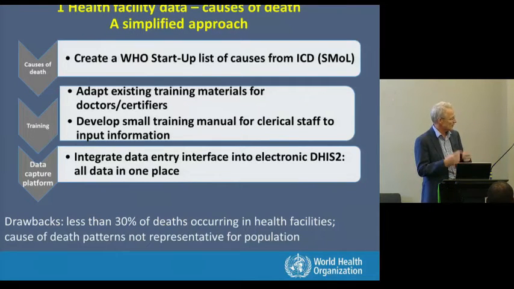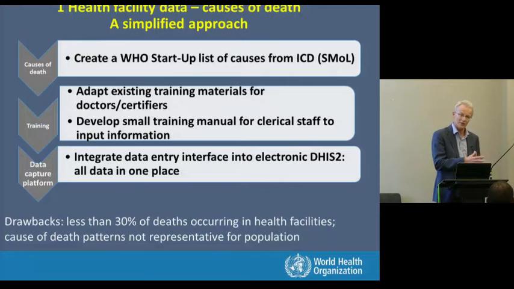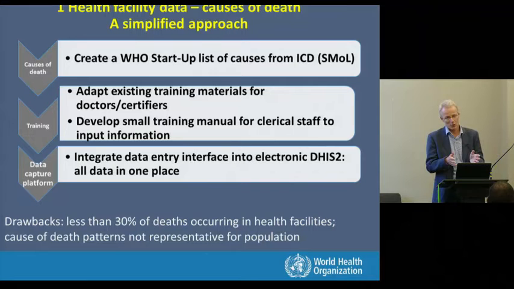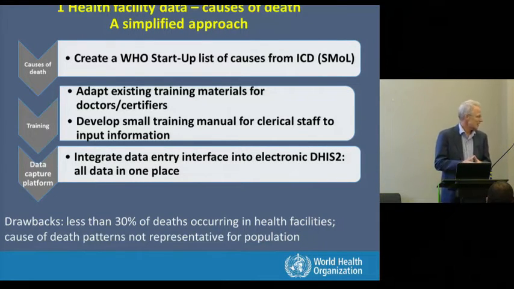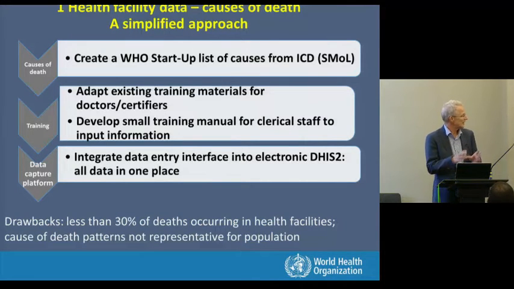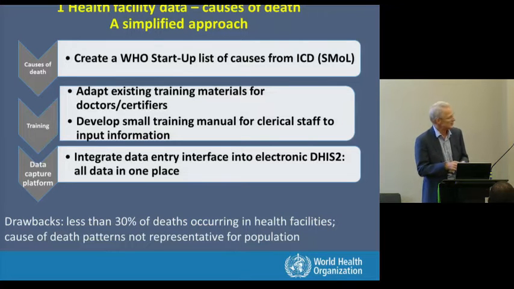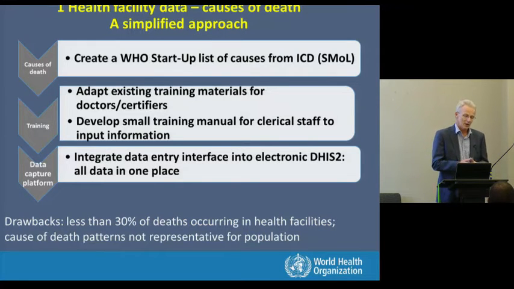Adapting of the training materials for certification is an essential component of this, because if this medical certificate is very poor, the coder can't do much in terms of improvement. And then perhaps, and what is perhaps the most exciting aspect of it, is integrating this startup list of causes of death into DHIS, which is the District Health Information System, a system that's now used by more than 50 countries.